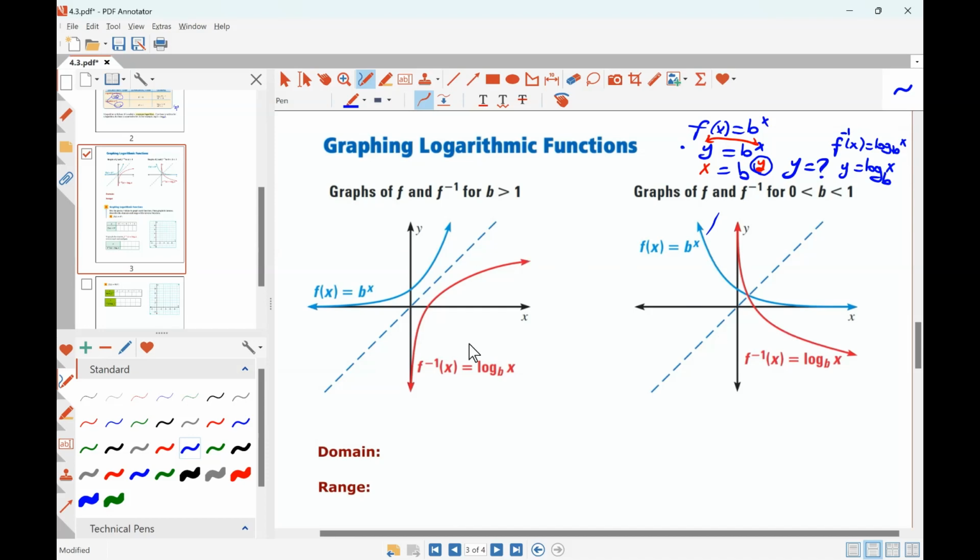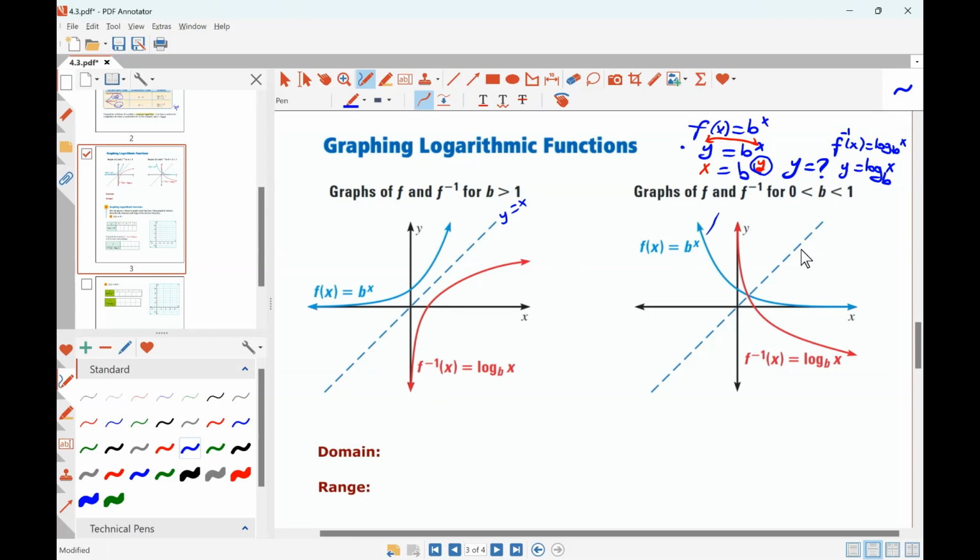Our functions will be reflected around the line y equals x. So let's say this is the line y equals x. There is sort of a mirror image here. We are just going to reflect this b to the x function around the y equals x line, and we get this red function.